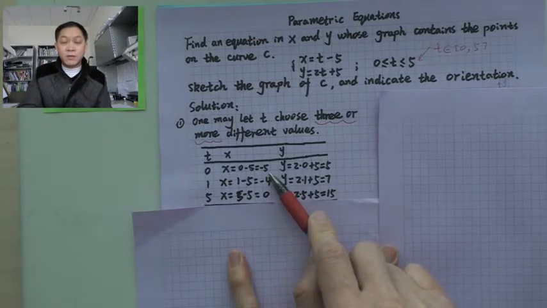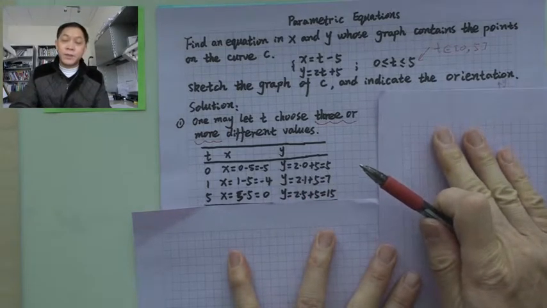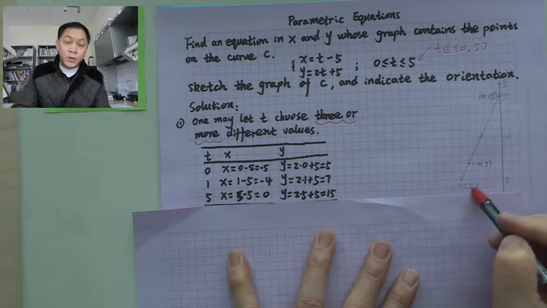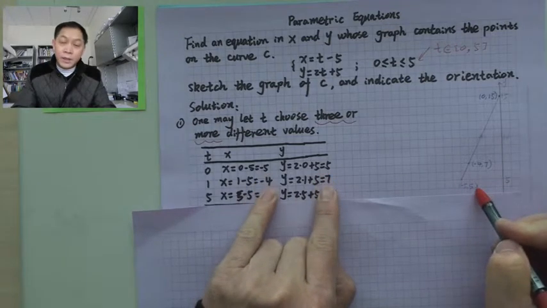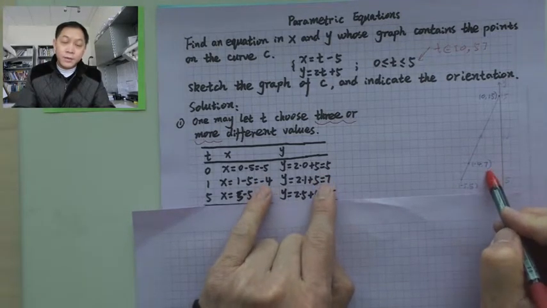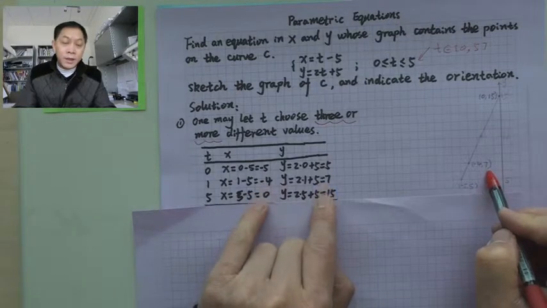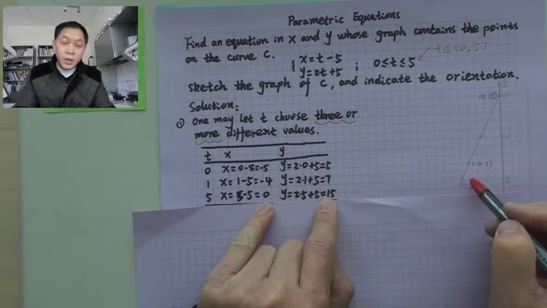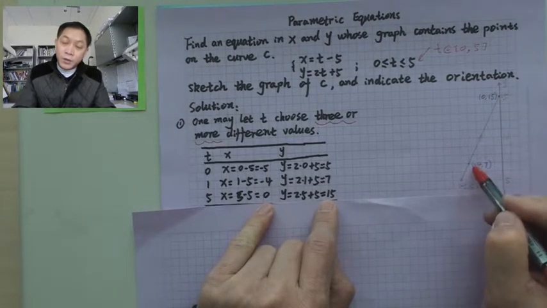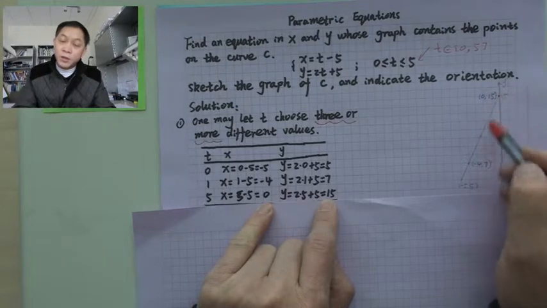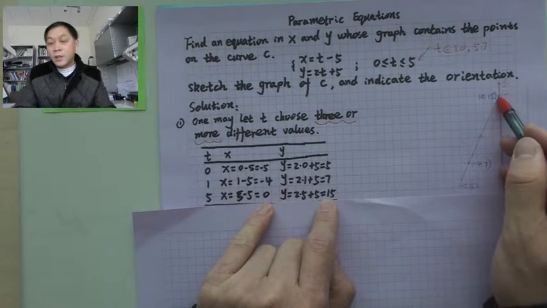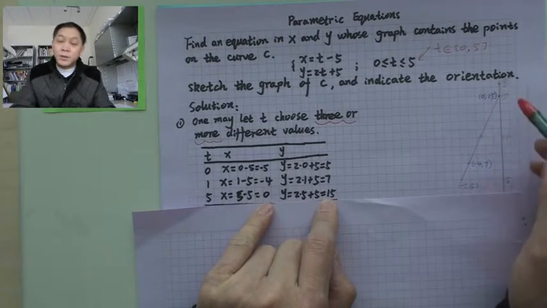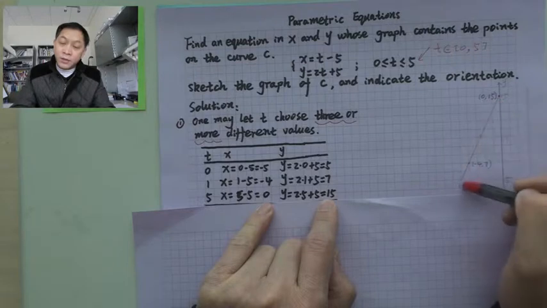So you know the curve goes from this point to this point to this point, and the curve goes up. Is this really a line? We don't know yet, but we know it goes like this.